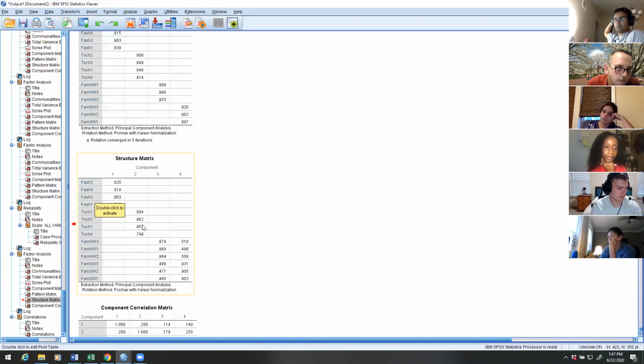You know what I'm saying? So if you wanted to be more precise, you could use these as weights and apply them to whatever the respondent indicated for each one of these variables, and then do a weighted average.